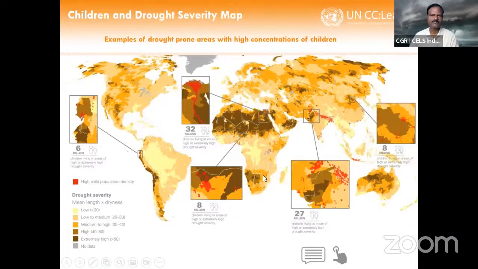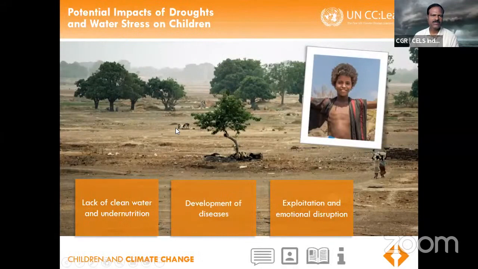In such a situation there will be severe water stress and impacts on children, like lack of clean water and undernutrition. Then development of diseases, exploitation and emotional disruption. These are the various things that would happen in case of drought.